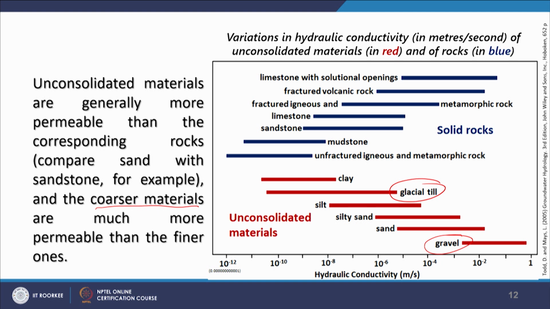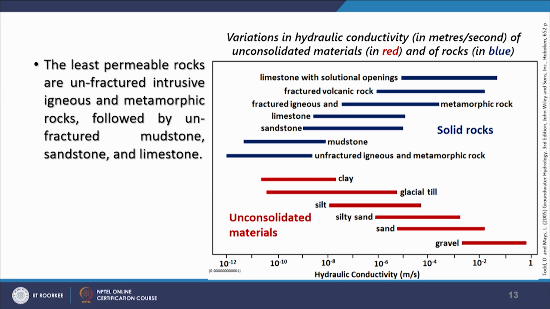But if it is very well sorted material, then there will be gaps between two grains, and that gap can become storage, and if these gaps are connected, it can have high permeability or hydraulic conductivity.